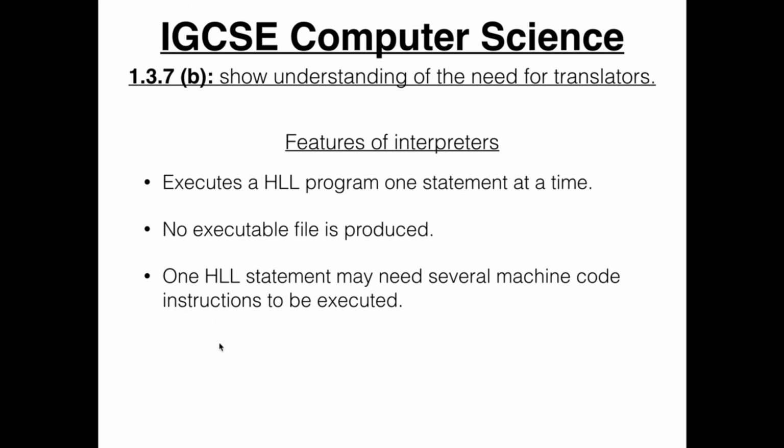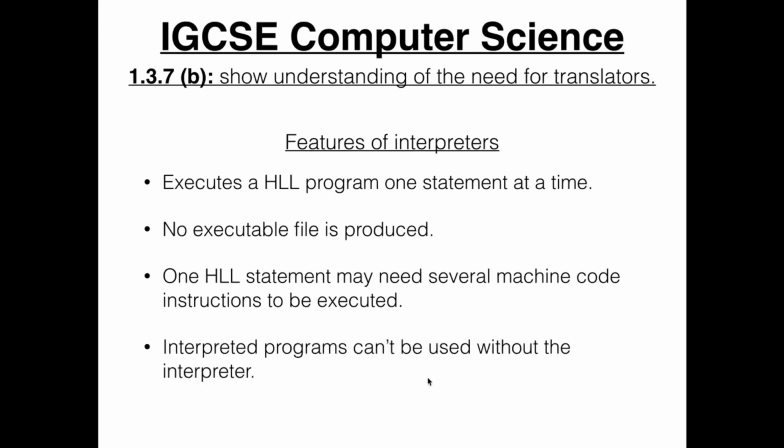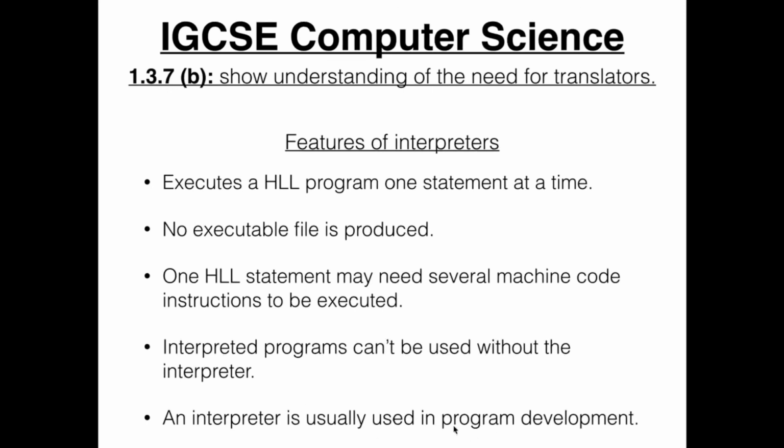One high-level language statement may need several machine code instructions to be executed. Interpreted programs can't be used without the interpreter, and an interpreter is usually used in program development. So if you're developing Python apps, for example, Python uses an interpreter, so you can use one in program development and run certain lines as you develop.